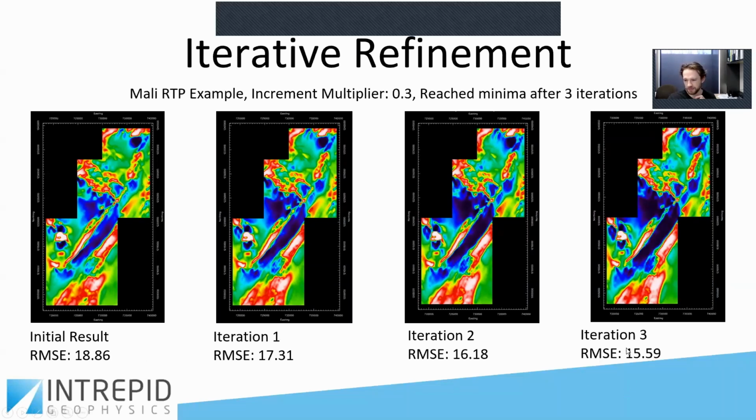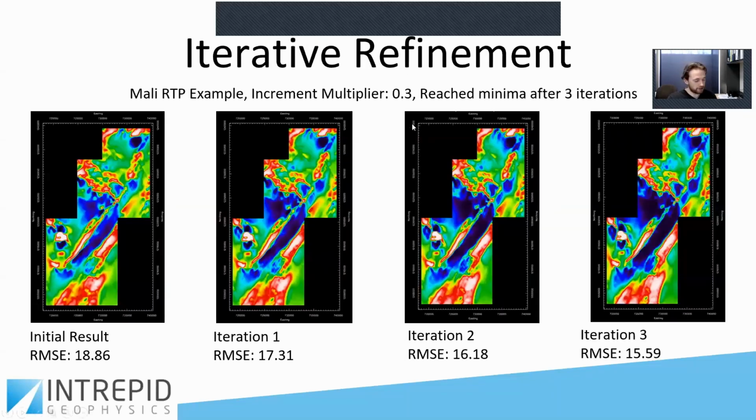If you look closely, you might see some slight changes in certain areas of the grid as it goes through each iteration. We keep track of the error and see if we're actually improving or not. When the improvements stop, we revert to the lowest error grid and use that as our model.